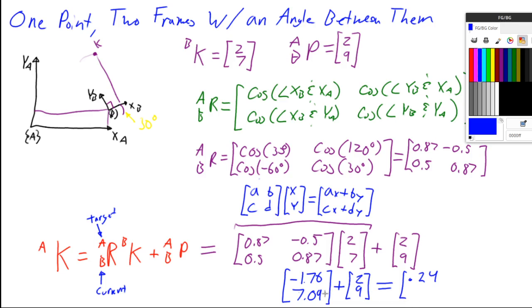And this comes out to be 16 point. Did I do that right? Oh, I know what I did wrong. Sorry, my numbers aren't quite making sense to me here, and I just figured out what I did wrong.